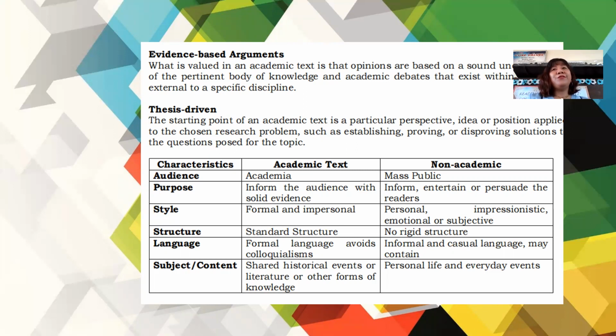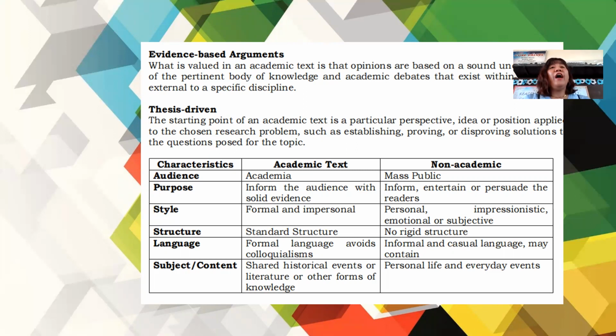And the purpose of the non-academic text varies. It can be to inform, to entertain, or persuade the readers. Well, for the style, of course, the style of the academic texts are formal and impersonal. And non-academic text is the opposite. Okay, it's impressionistic, emotional, or subjective.